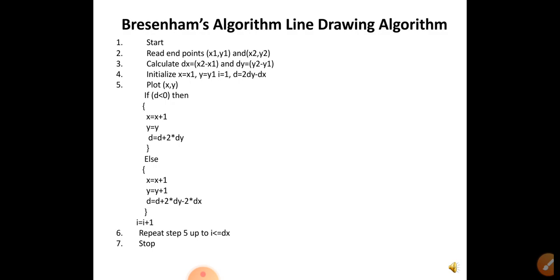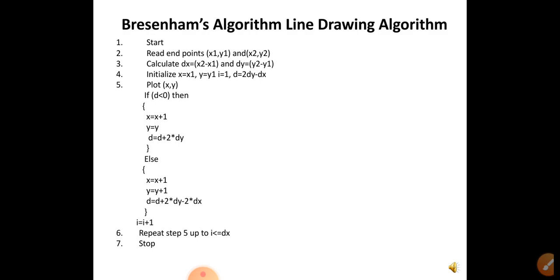Now if the decision parameter is not less than 0, then what happens? x equals x plus 1, y equals y plus 1, and the new decision parameter for the next step is d equals d plus 2 dy minus 2 dx.